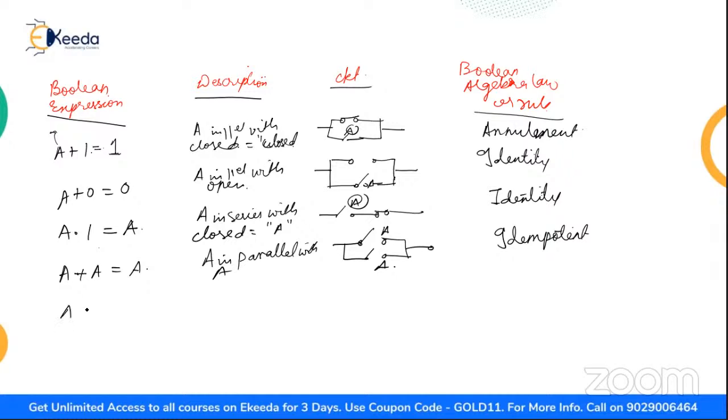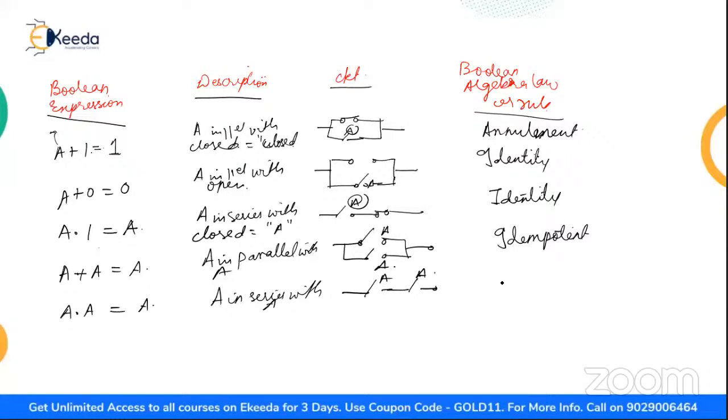A dot A is equal to A. A in series with A. So switch A in series with switch A, whatever is the position. If anyone is open, you will get the same switch position.